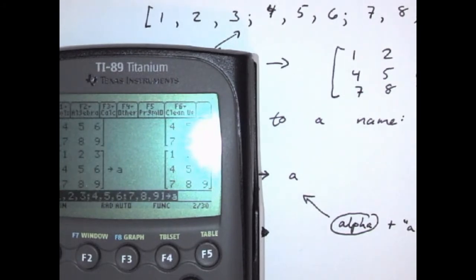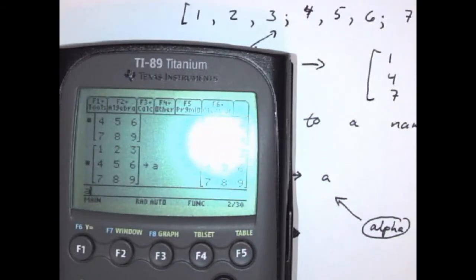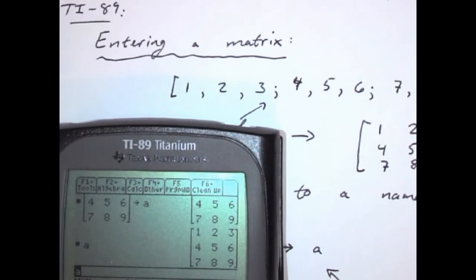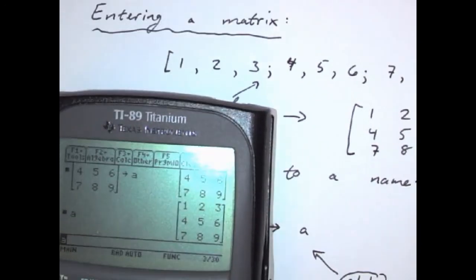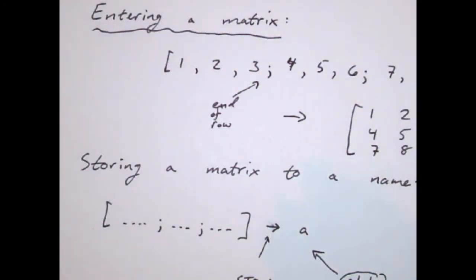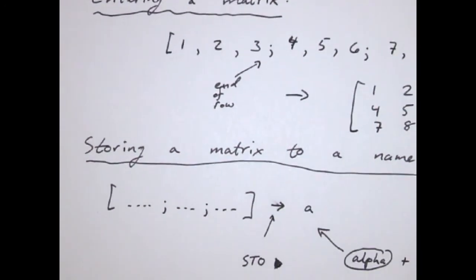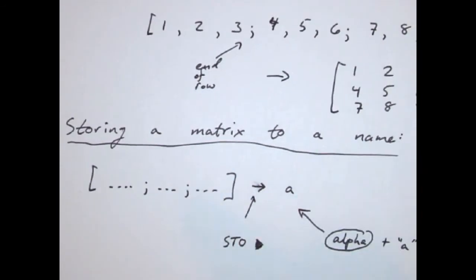And so now, if I clear this and then do alpha A, that is what is stored under alpha A. So the A refers to this. This is just an example of a name that you could choose.